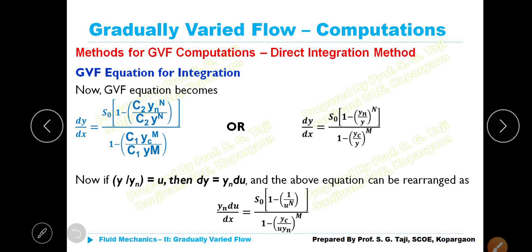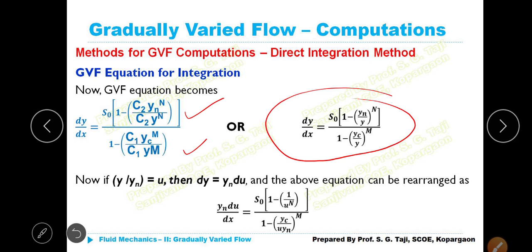Now, the GVF equation becomes dy by dx is equal to S naught multiplied by 1 minus (C2 yn to the power of N divided by C2 y to the power of N) upon 1 minus (C1 yc to the power of M divided by C1 y to the power of M), or dy by dx is equal to S naught multiplied by 1 minus (yn by y) to the power of N divided by 1 minus (yc by y) to the power of M.